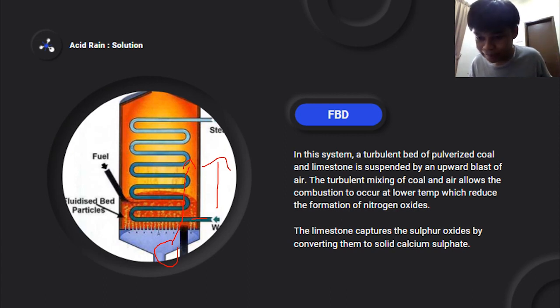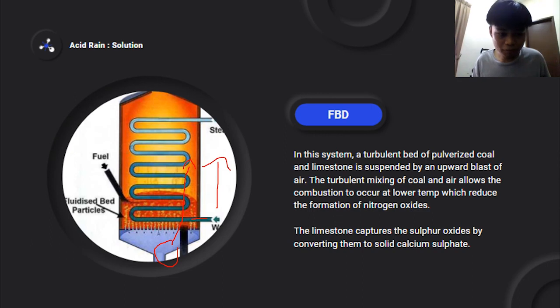There are many boiler outlets here. The turbulent mixing of coal and air allows the combustion to occur at a lower temperature, which reduces the formation of nitrogen oxides. Since the temperature of combustion is reduced, the formation of nitrogen oxides also will be reduced. And the limestone captures the sulfur oxide by converting it to calcium sulfate.